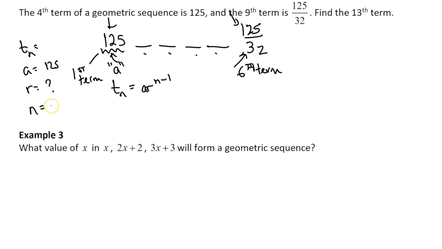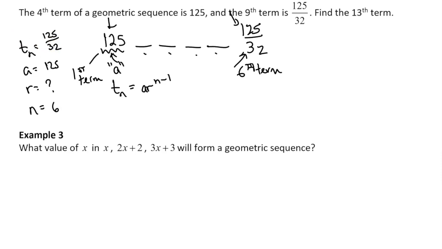We know the number of terms that we have is 6, and our last term is 125 over 32. We know the answer to T of n, but we need to solve for R.